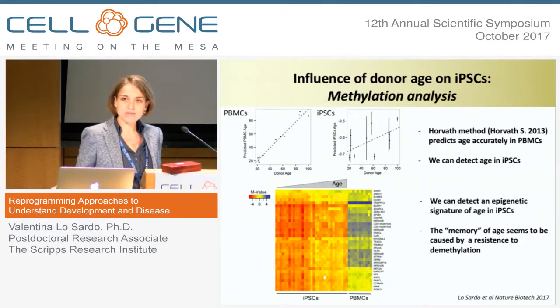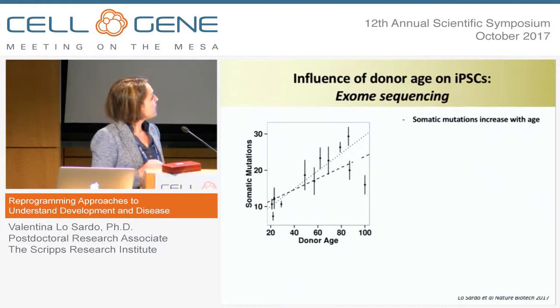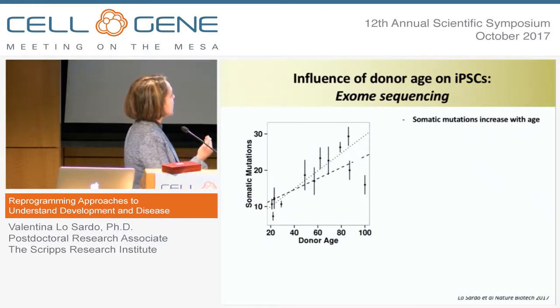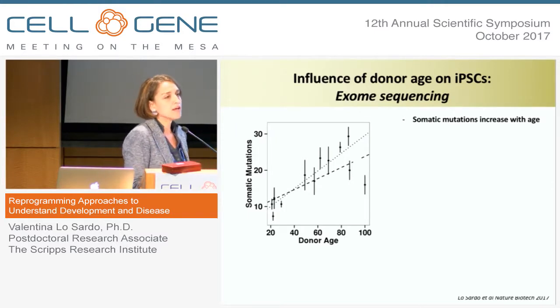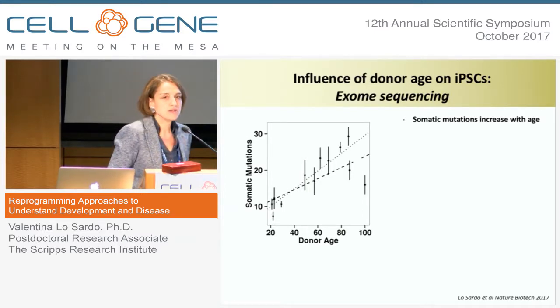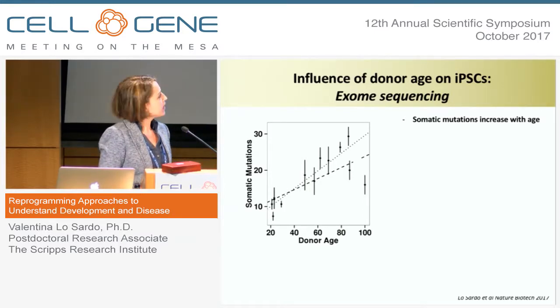What we cannot really fix is the genome, because what we found is that with age, the somatic mutation rate increases a lot. So you see a linear correlation with age, so you can find more somatic mutations in old donors. Except for this weird 100-year-old sample, which showed a kind of reduction in somatic mutation.